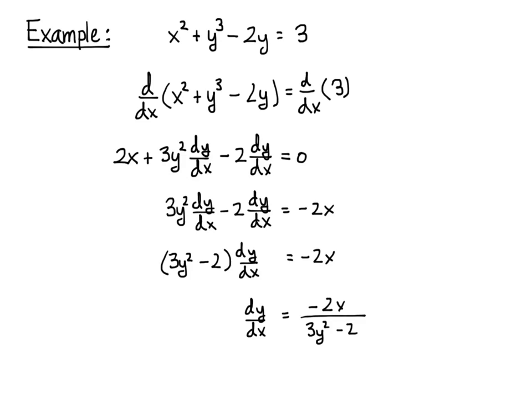If we take the derivative of, let's say, y squared, it's going to be 2y by the chain rule, and then the derivative of y, which we get as dy dx.